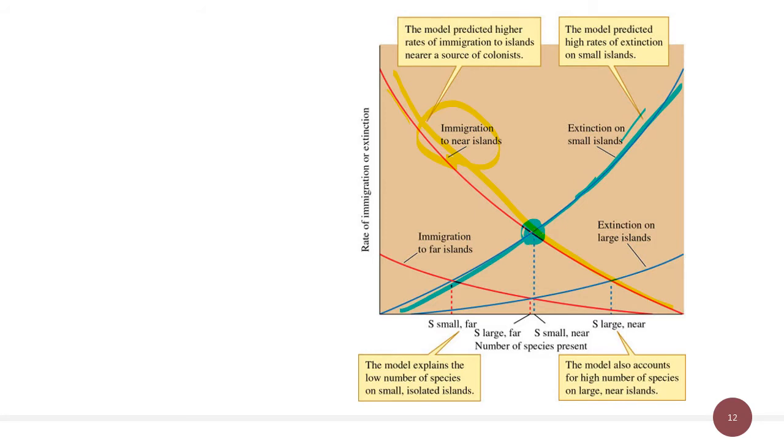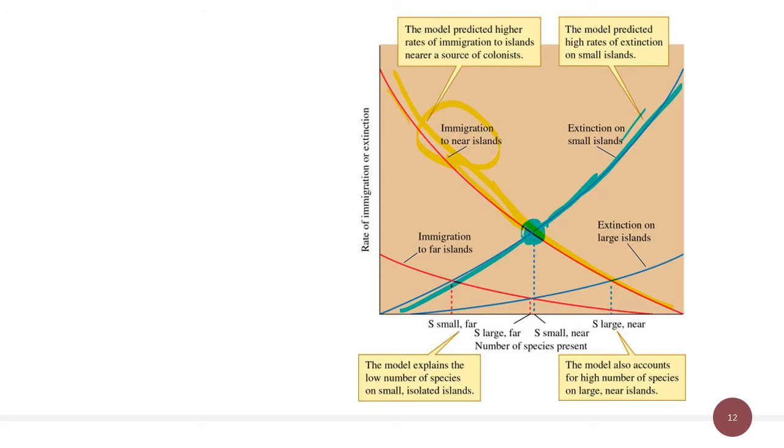So when I know that I'm at equilibrium, the immigration equation will equal the extinction equation, and I can solve for the number of species then. So if I have those two equations, I can actually solve for the equilibrium number of species.